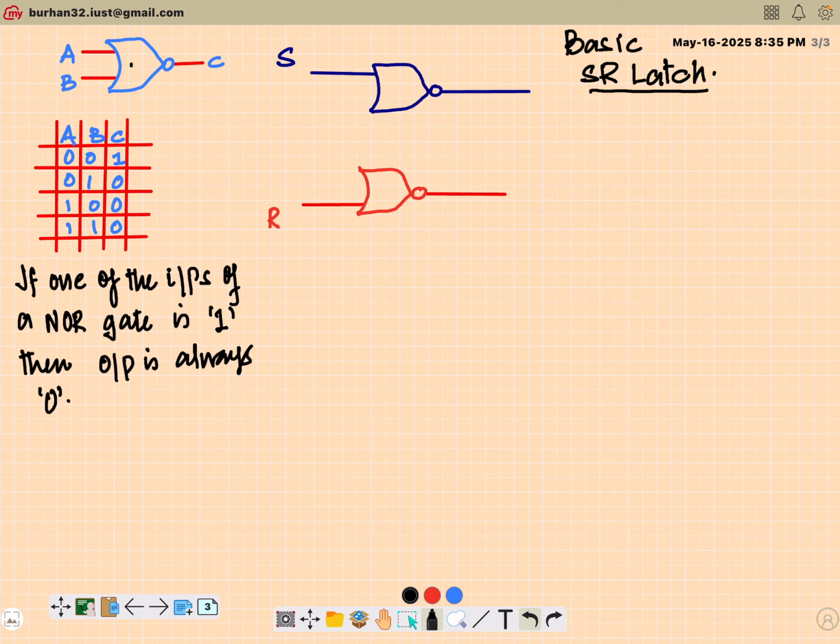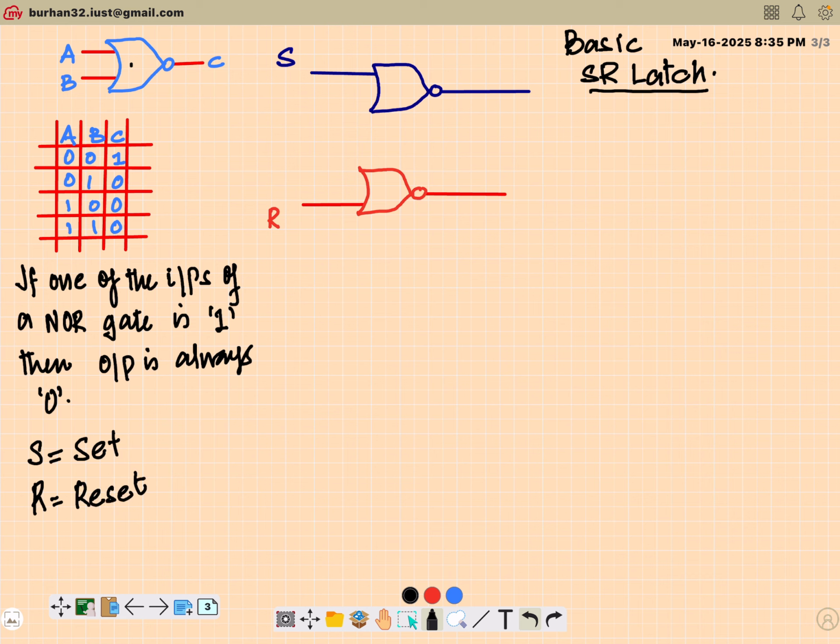Okay? So I have two NOR gates here. One is in blue, the other one is in red. The blue one has one of the inputs as S, and S stands for set. And the lower NOR gate has one of the inputs as R, and R stands for reset.